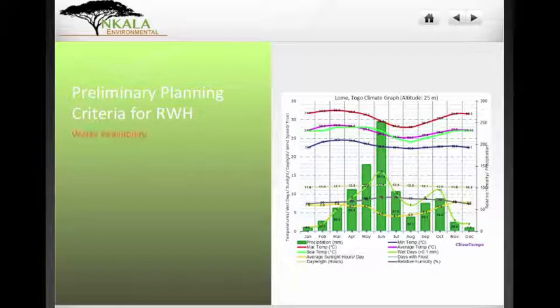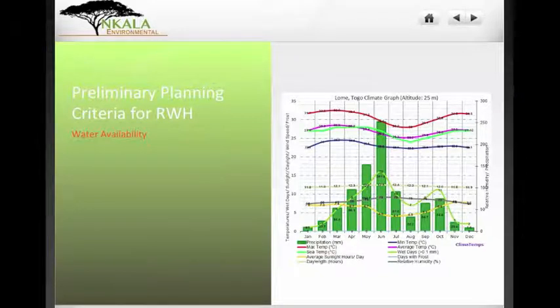All right, continuing on, the most important topic for rainwater harvesting, of course, is water availability. And what we see here is a hydrograph from the capital of Togo, of course, a neighbor to Ghana. A hydrograph basically shows the level of precipitation.